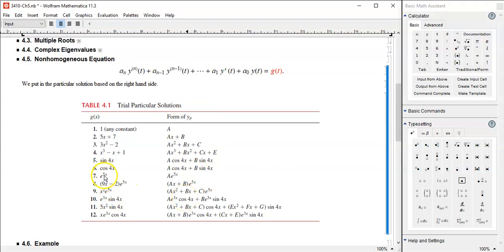Instead of just exponential, we use that one. If we have some more complicated, some polynomial type exponential or something, you may have to do things like this. And of course, you have more coefficients to find, which means bigger system of linear equations later on. Sine and cosine go kind of like this, and so on and so forth.